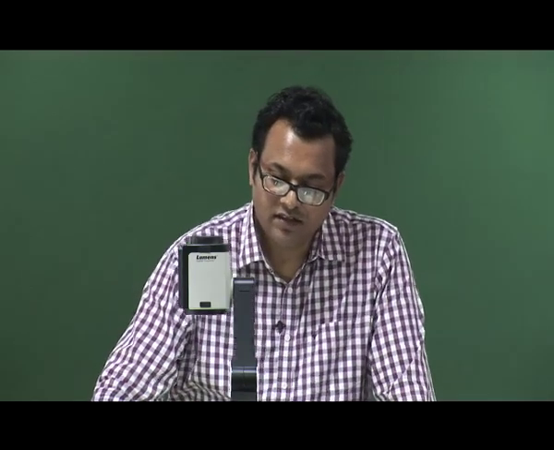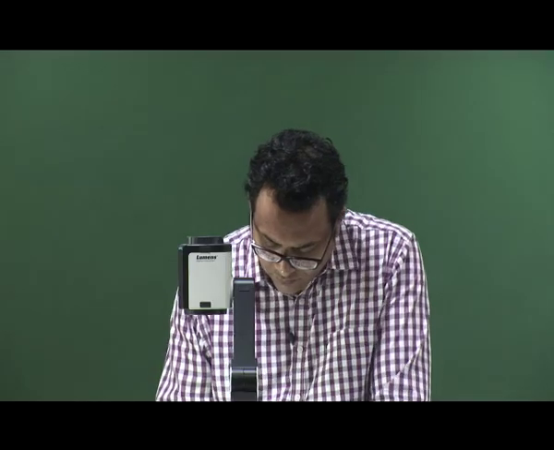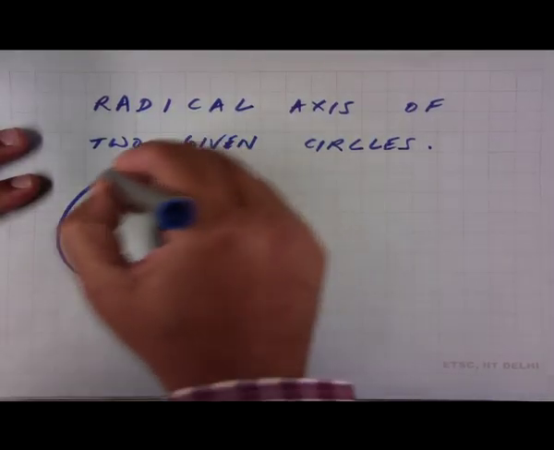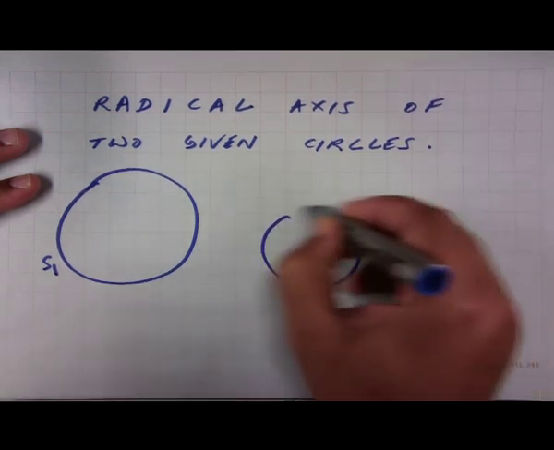So, let us move on to a new topic, which is defining what is known as the radical axis of two given circles. So, suppose that we are given two circles. Let us say this is circle S1 and then we have another circle over here, let us say S2.